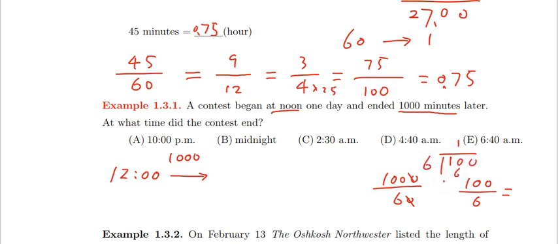So 1,000 minutes equals 16 hours plus 40 minutes.